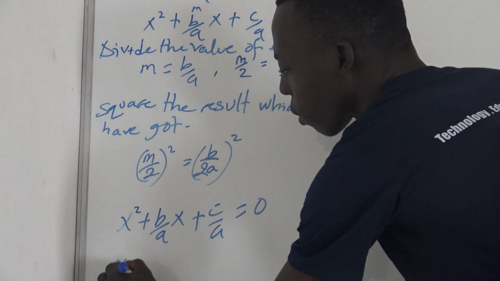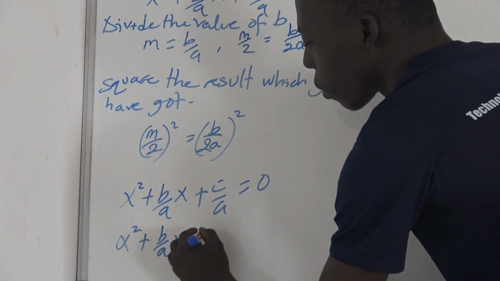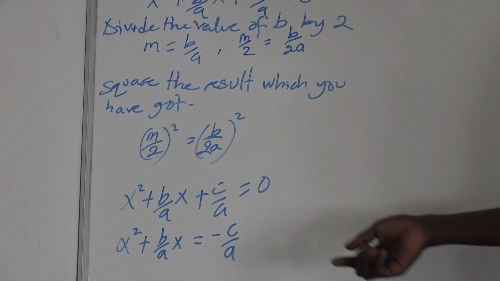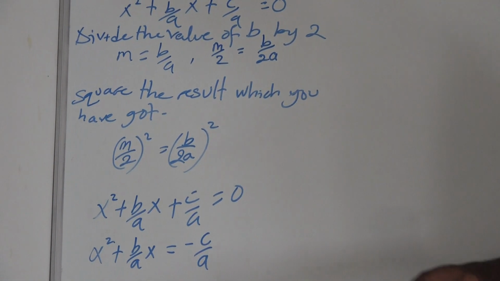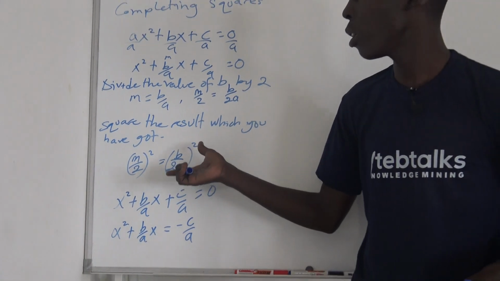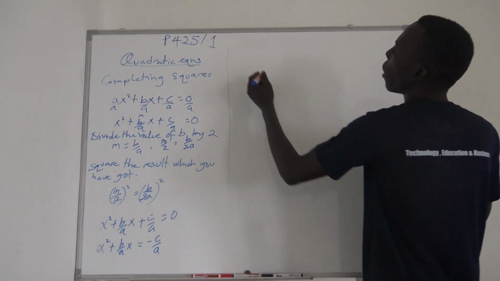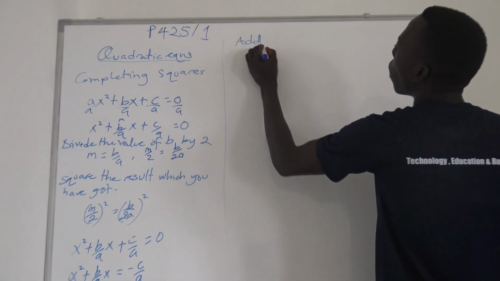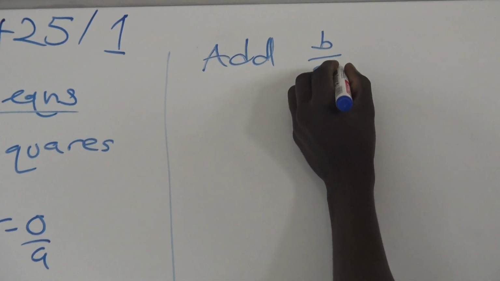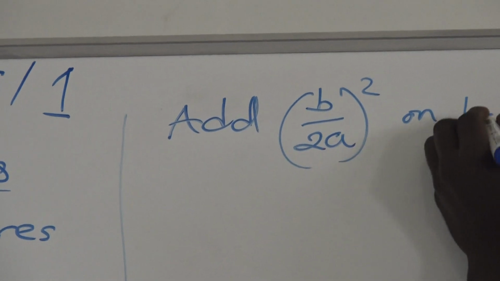So this becomes x squared plus b out of a x equals negative c out of a. Doing this will help me apply what I got after squaring. So the next step is to add b out of 2a, the whole thing squared, on both sides.